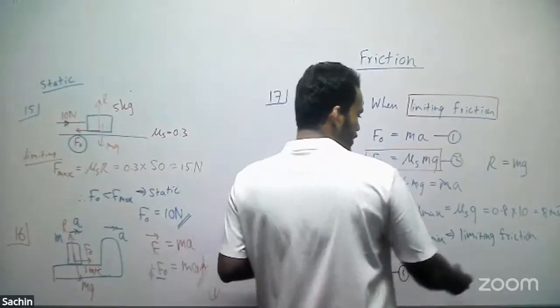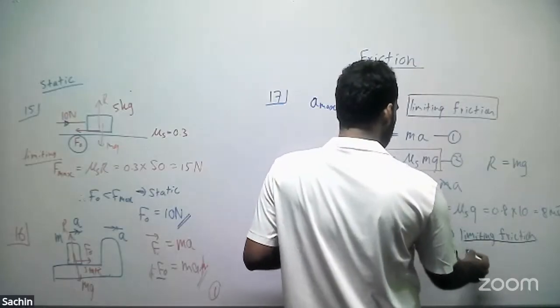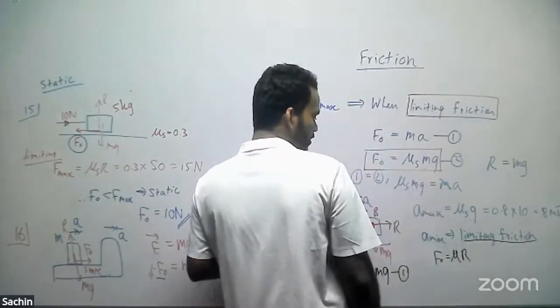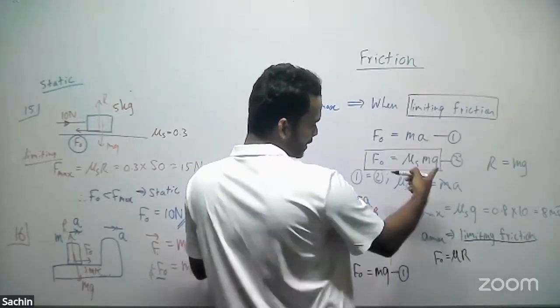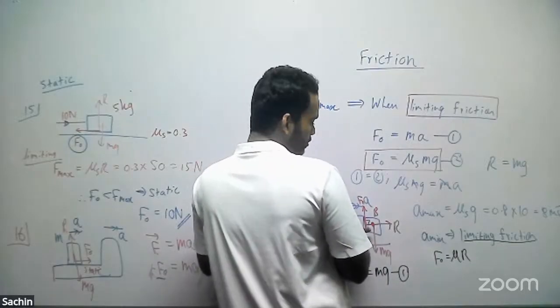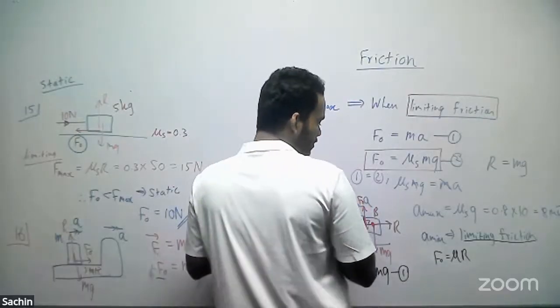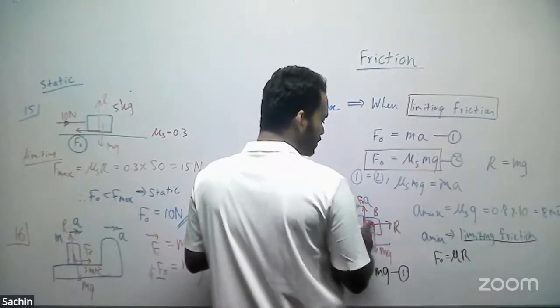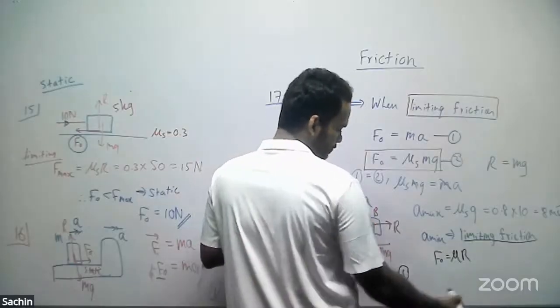Then again, when the limiting friction is considered, the friction force should be equal to mu times R, the reaction. Here you have to note that the reaction is not equal to mg. Unlike normal cases, you can't put R equal to mg here. This is a horizontal reaction, and it comes due to the acceleration. When the system is accelerating, this R force is the one which accelerates the small mass m.